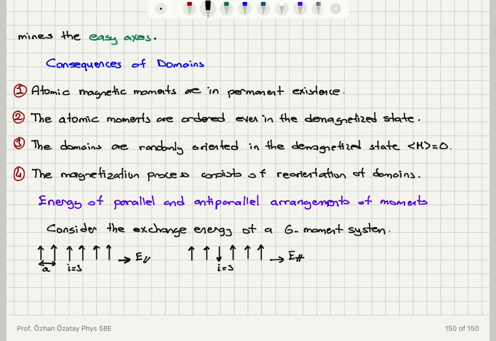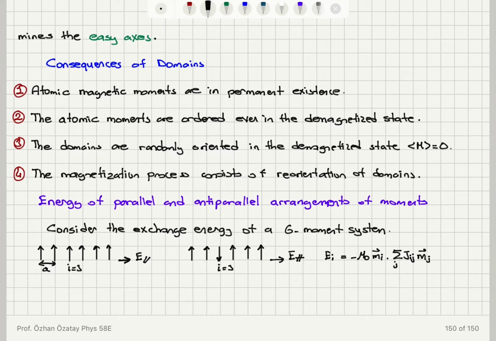And I want to remember how to write the exchange energy. The exchange energy on the ith moment is minus mu 0, the ith moment, dot product with the sum over j of J_ij m_j. So it's the exchange constant J that describes the coupling of the ith and jth moment.